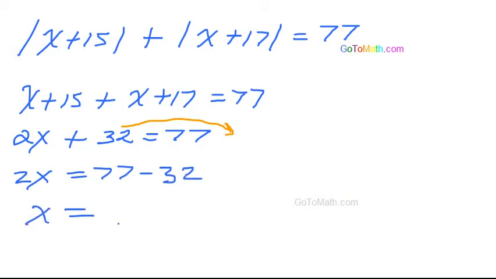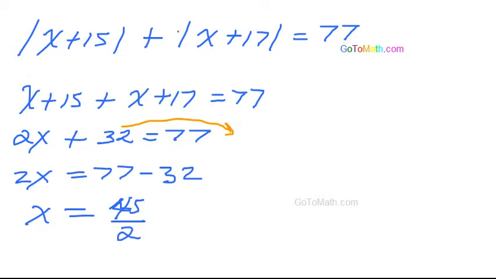X is equal to, so we want to go 77 minus 32 is 45 over 2. Remember taking that 2 now diagonally down. Okay, and that's a 4 there. Now, does that reduce down? What do you think? Obviously not.